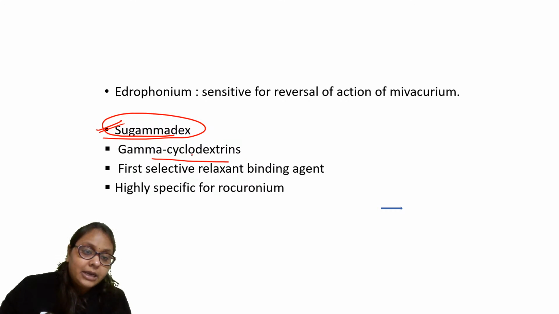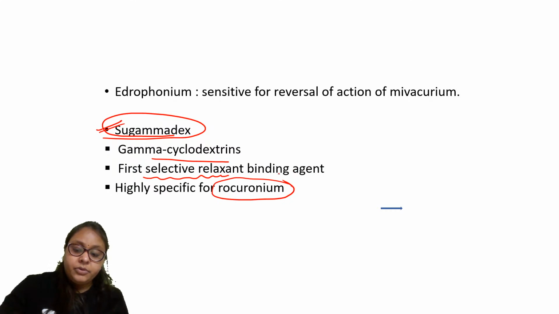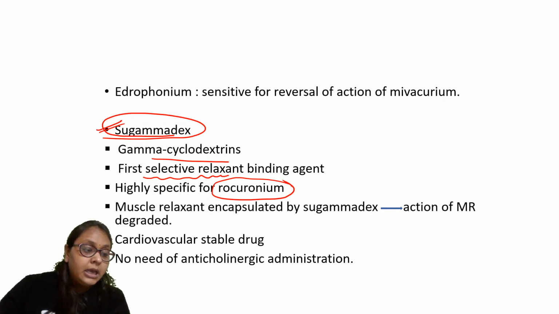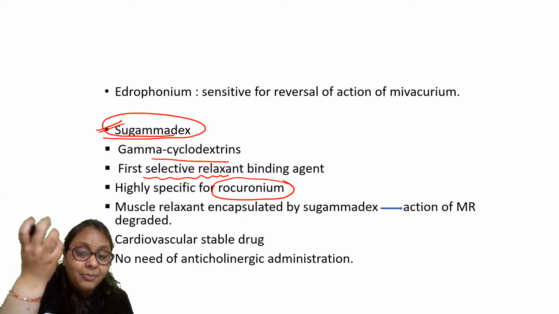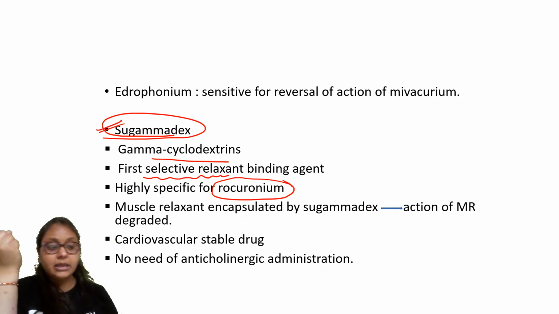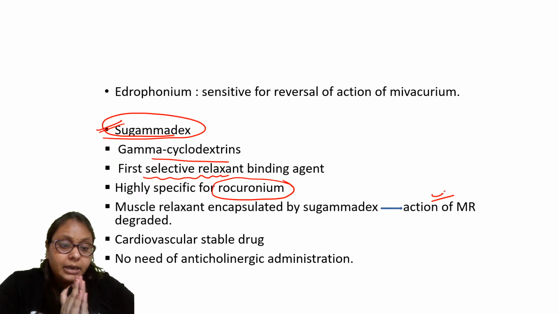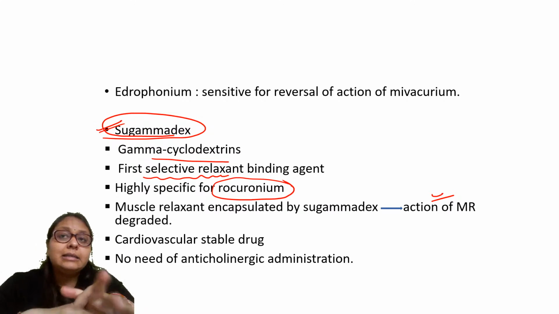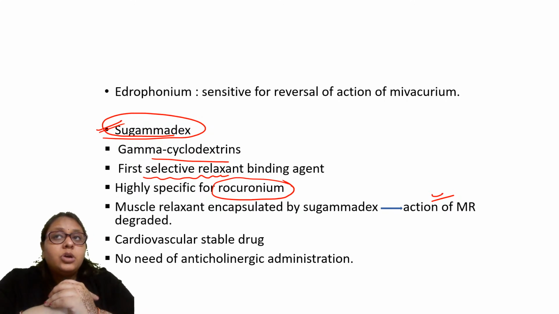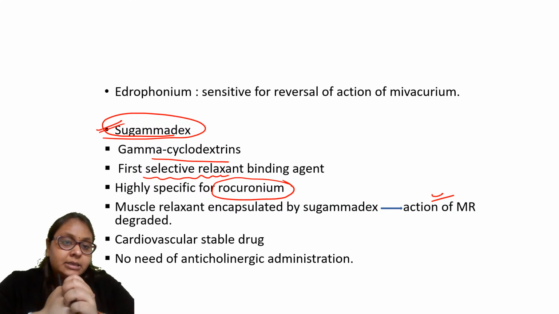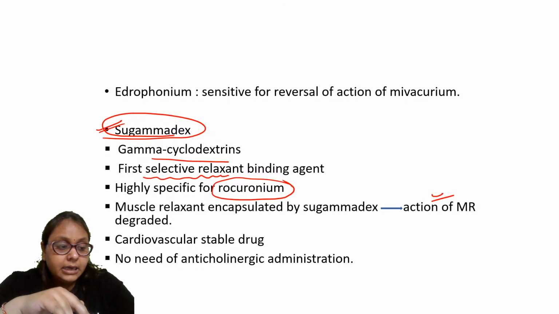It is gamma cyclodextrin and it is a selective relaxant binding agent and it is selective for rocuronium. प्लीज रिमेंबर दिस. क्या करता है ये? रॉक्यूरोनियम को encapsulate कर लेता है and therefore the action of that is degraded, and it is cardiovascular stable and there is no need of anticholinergic administration. तो दो नए ड्रग्स, that is AV430A और सुगामाडेक्स. These you have to remember. Is it clear?